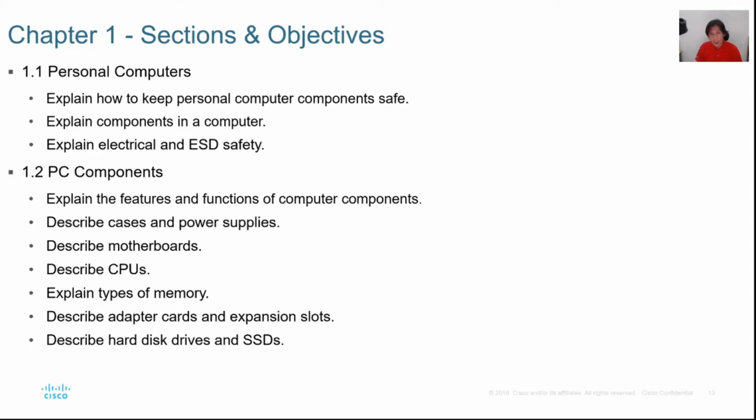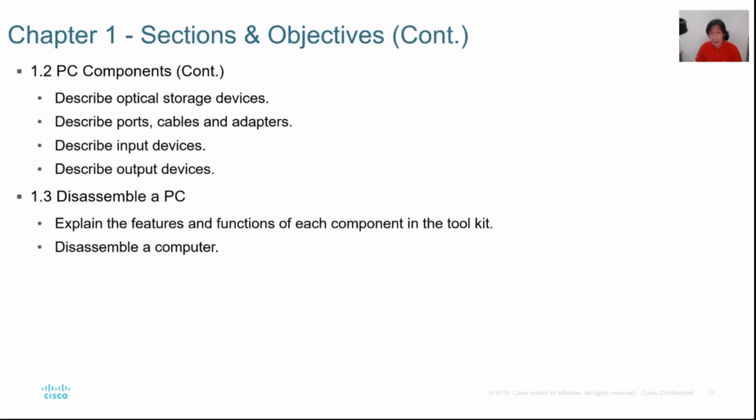We will also explain the different types of memory, adapter cards, expansion slots, removable disks, and our internal hard disk drives. Also, we will be discussing optical storage, the different ports, cables, adapters, input devices, and output devices. And the last part of this chapter is assembly and disassembly.